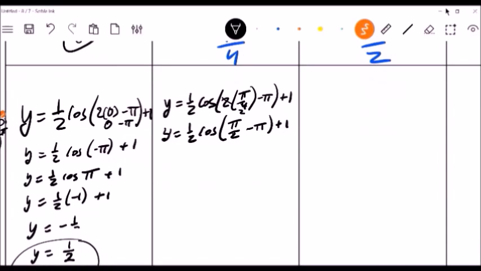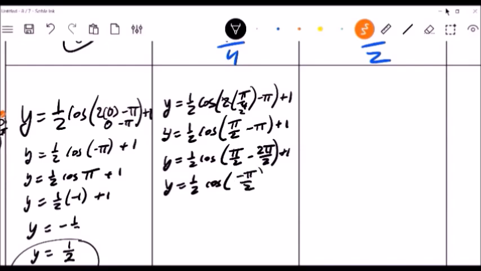We cannot add or subtract them unless the fractions are the same, so I need to make this 2 pi over 2 in order to subtract those. 1 minus 2 is a negative 1, so we get negative pi over 2, plus 1.